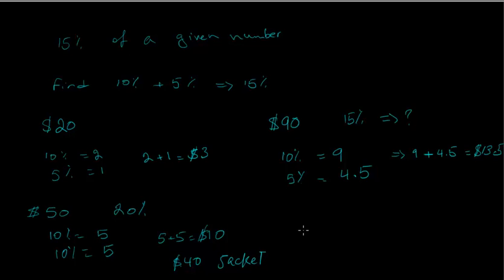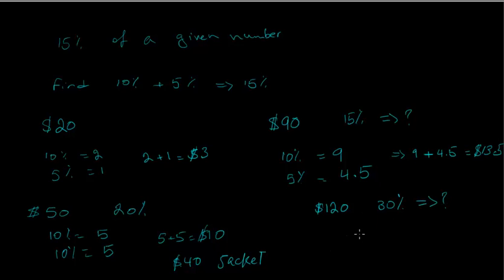Let's say we are interested to find 30% of a number. To do that, we find 10% and multiply it by 3 to get 30% off. Let's say we find a shirt which is very expensive and it's marked $120, but this shirt has 30% off. How much would it be?